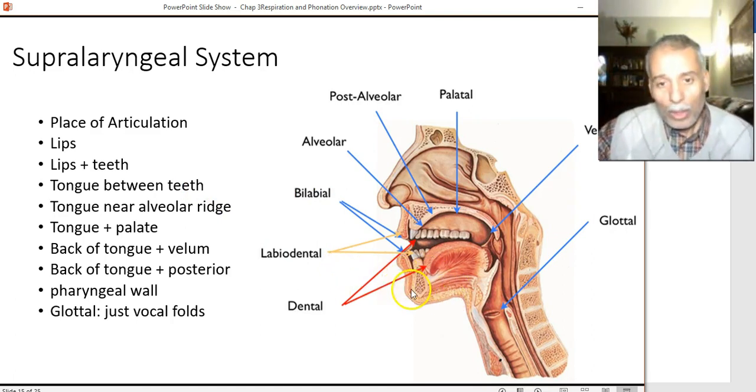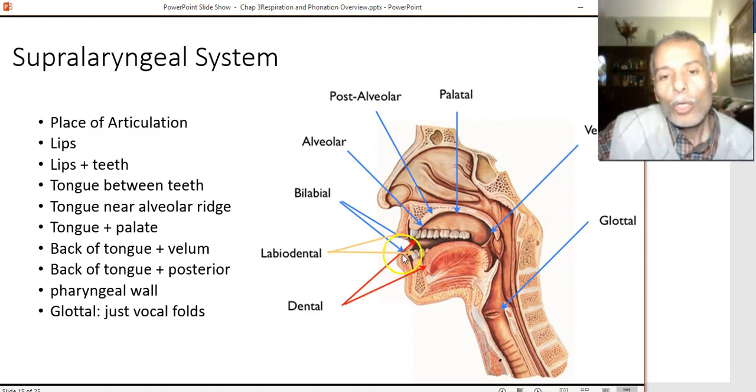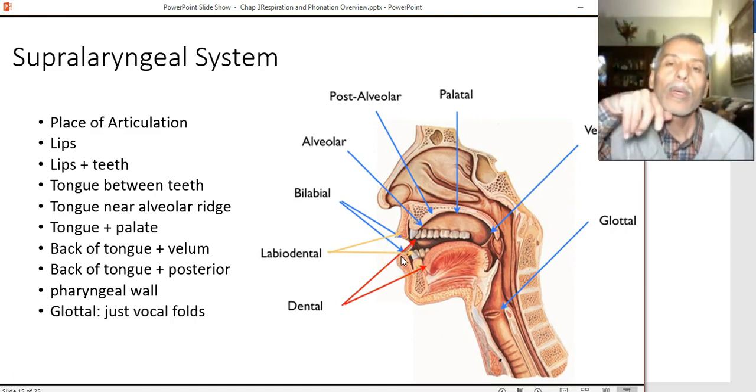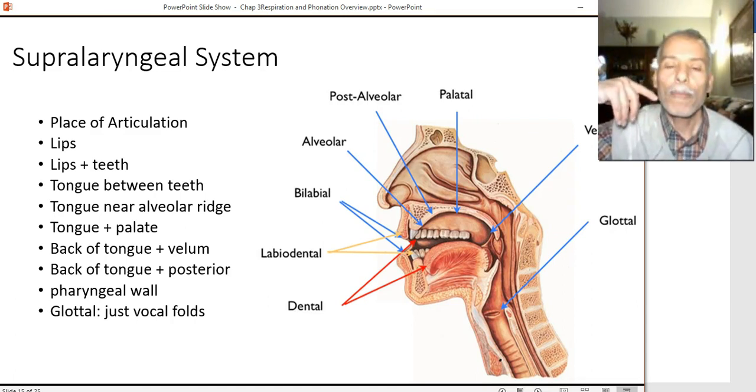So first, if we make a sound with the lower lip coming in contact with the upper front incisors, that sound could be f or v.